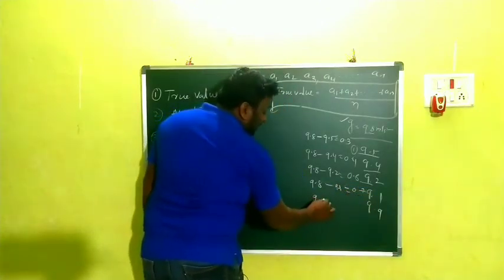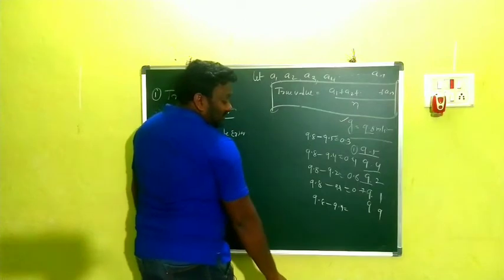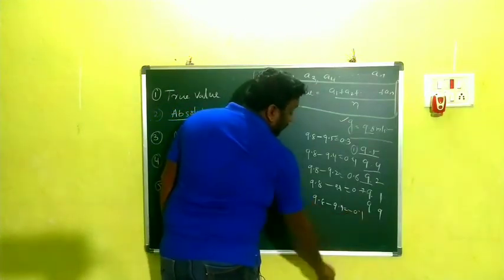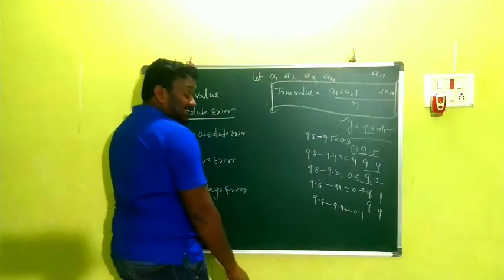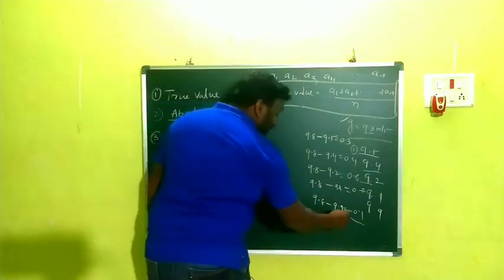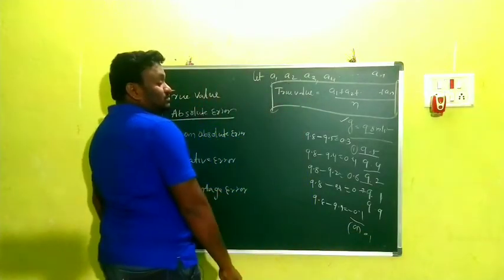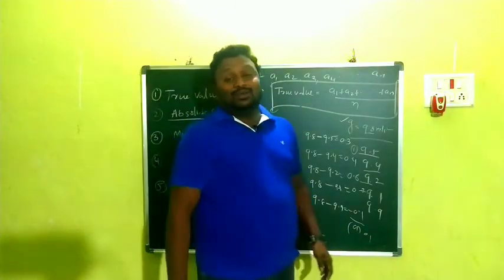And now here, 9.8 minus 9.9. What do you get? Minus 0.1. Clear? In this case we have to write only 0.1. Why?